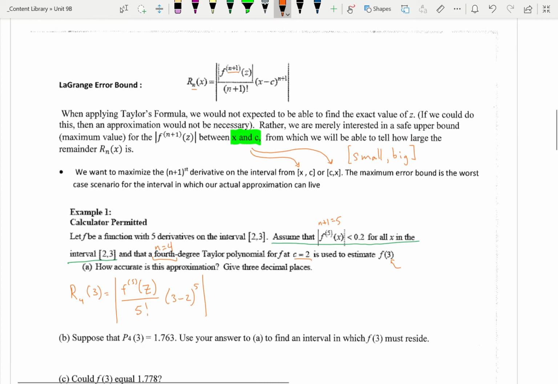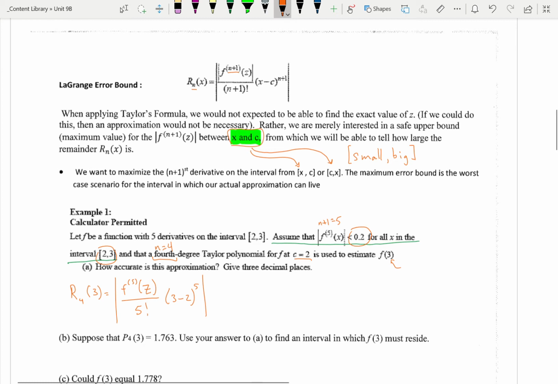I used a straight lined equal sign there because that is the theorem, right? We know that there is some z value that will make that equation true. We don't know what that z value is, but we do know that the z value is between x and c. Oh, x and c are 2 and 3. Oh, wait a second. We have this information that tells us that the fifth derivative between 2 and 3 is always less than 0.2.